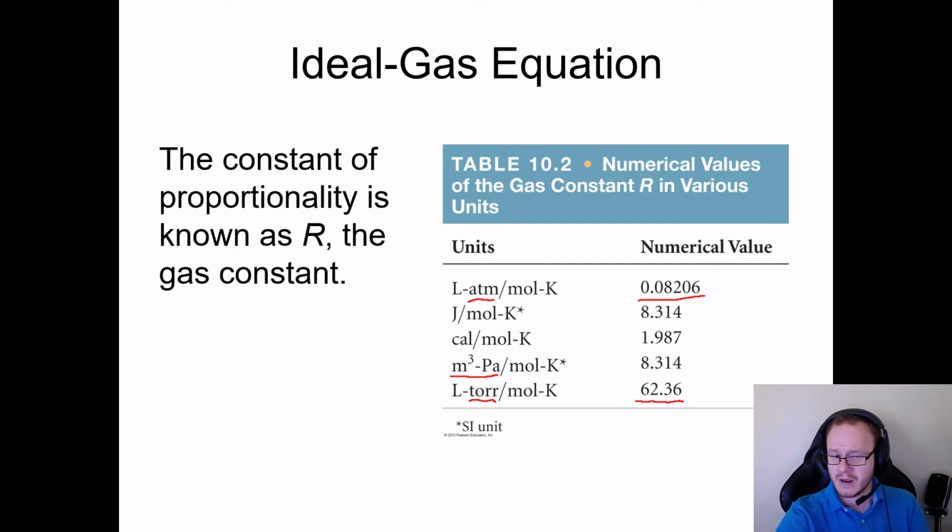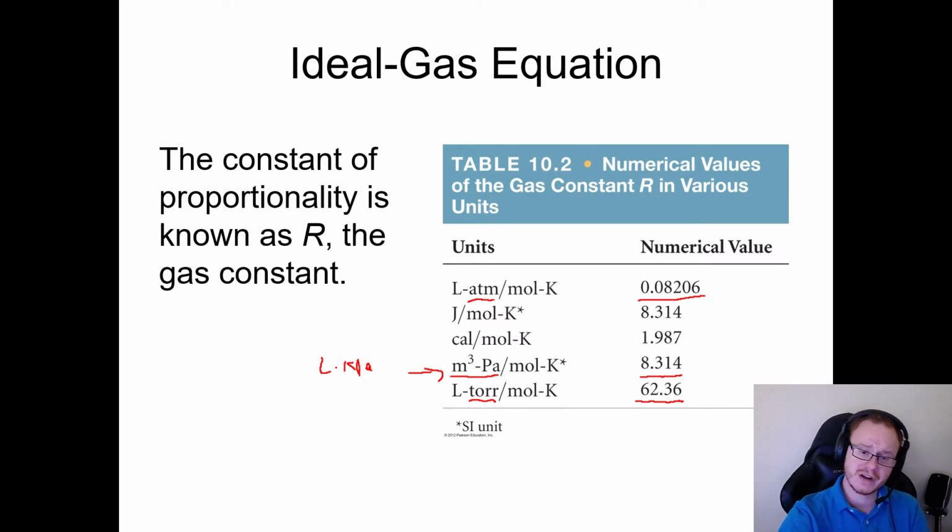Now, remember, a pascal is technically the SI value, but this little unit right here, meter cubed times pascal, is merely the same thing as a liter times a kilopascal. You'll have to forgive my horrible mouse writing on that one. Divided by mole Kelvin, and then we have 8.314.